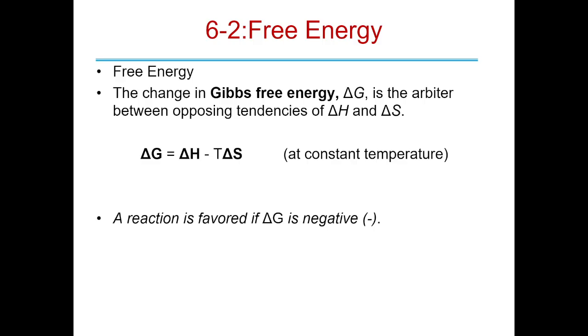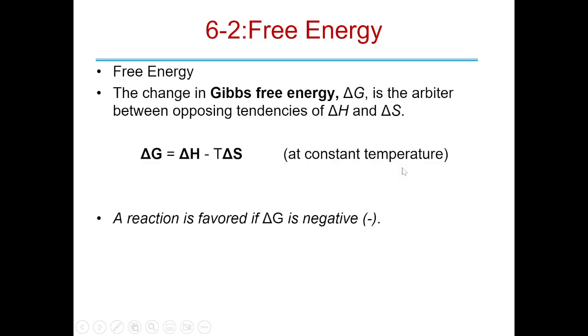So if you do what's favored for one, you'll end up doing what's disfavored for the other. For example, when you crystallize something, you reduce the delta H of it, but you actually decrease the delta S as well, which is not what it wants.